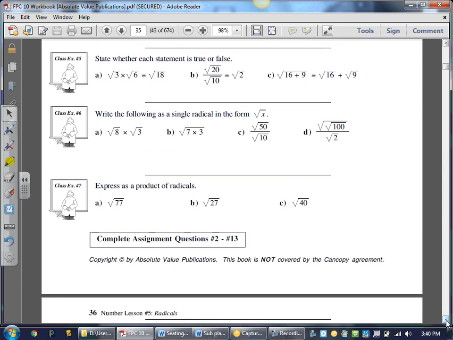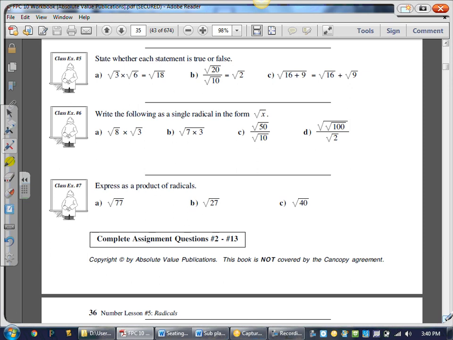All right, so now we can state whether it's true. Is 3 times 6, 18? Yes. Does the rule work for multiplication? Yes. For division? Yes. For addition? No. If it works, we can put these two radicals together under the root symbol, which gives us root 24.